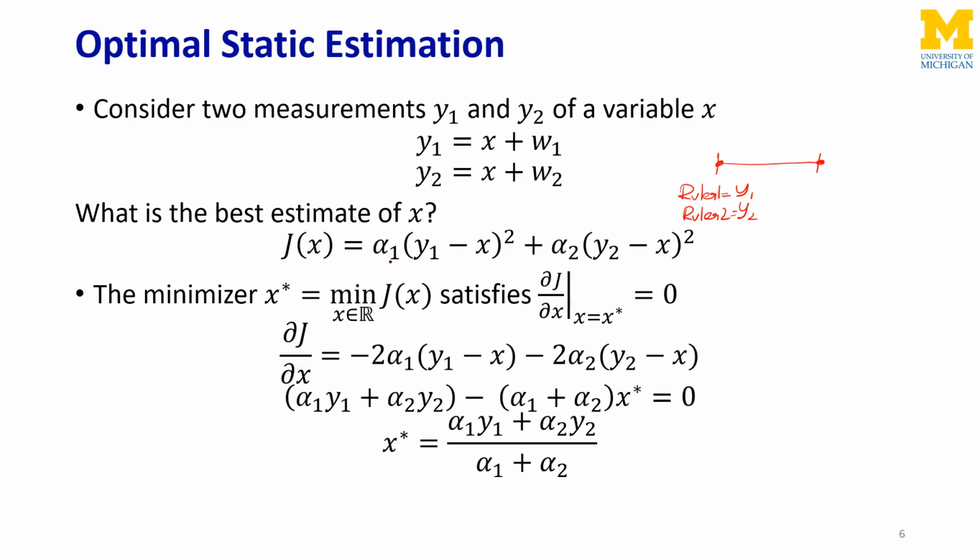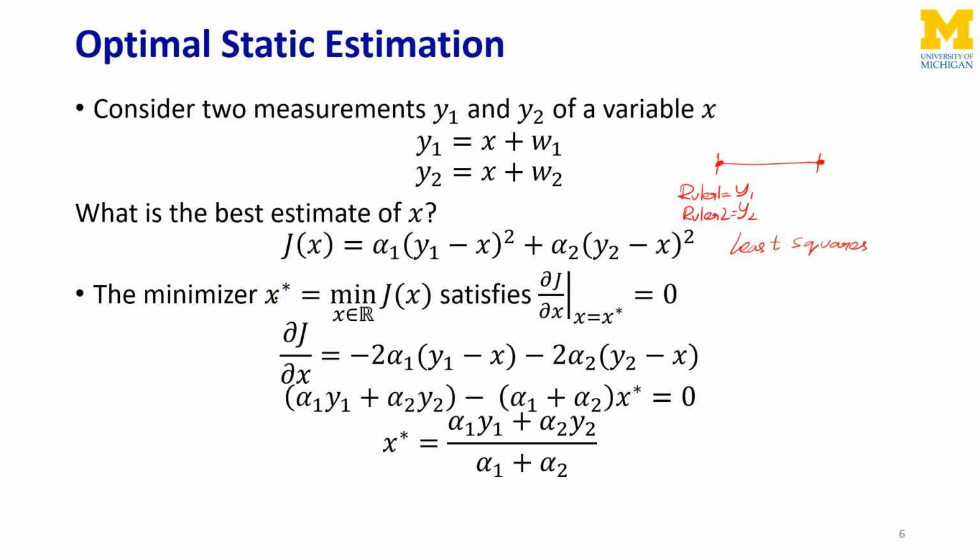We are going to minimize alpha 1 times (Y1 minus X) squared, that's the error in the first measurement, plus alpha 2 times (Y2 minus X) squared, that's the error in the second measurement. So we're going to minimize the sum of these two errors. This is also called least squares because we take the squares of all the errors and try to minimize them.